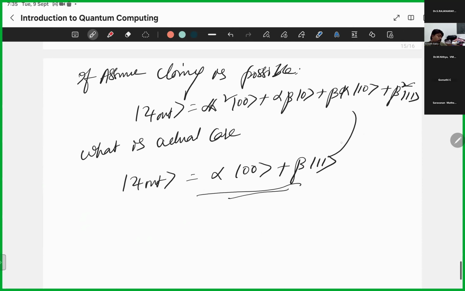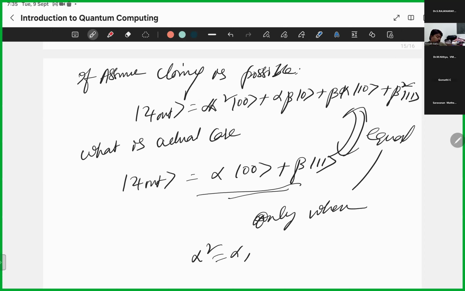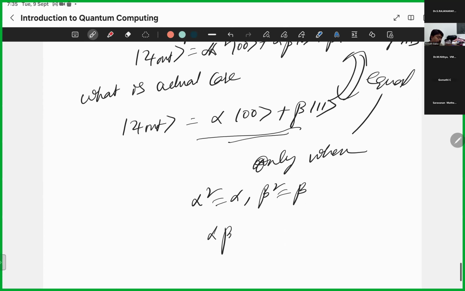So both are equal only when alpha square is equal to alpha, beta square is equal to beta, alpha beta is equal to 0, and beta alpha is equal to 0.